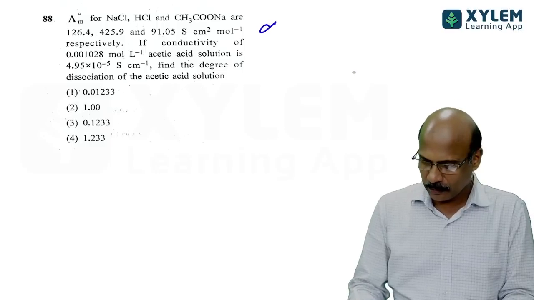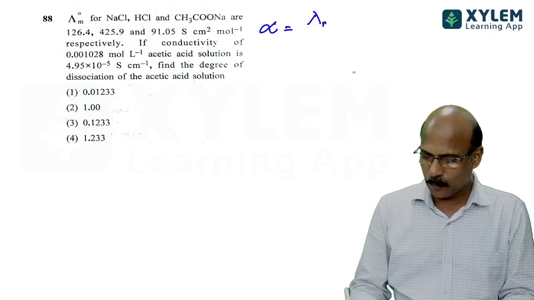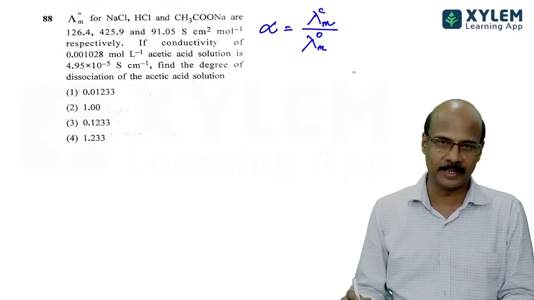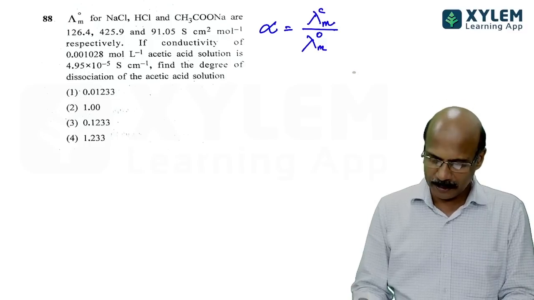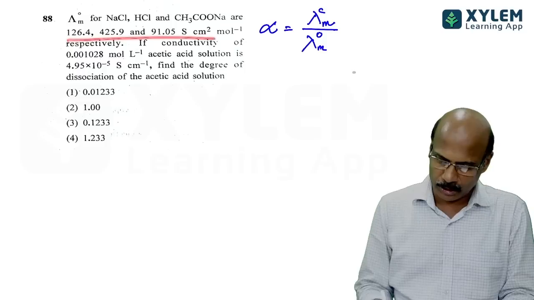What you want to find out is alpha. You know that alpha is equal to molar conductance at a given concentration divided by molar conductance at infinite dilution. To determine the molar conductance at infinite dilution, you can use Kohlrausch's law.